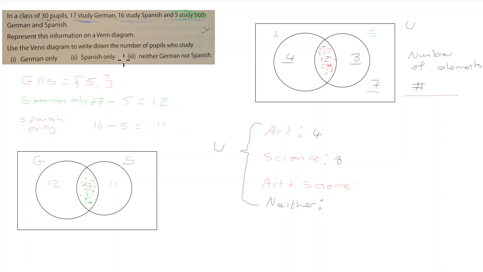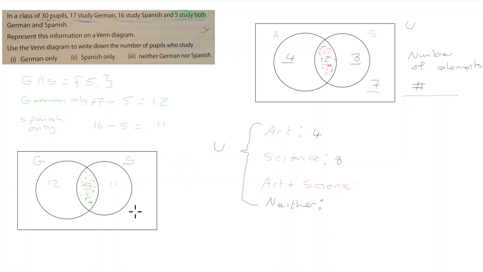And then what we want to think about are the students that study neither German nor Spanish. So what do we have to subtract from that? In total we have 30.